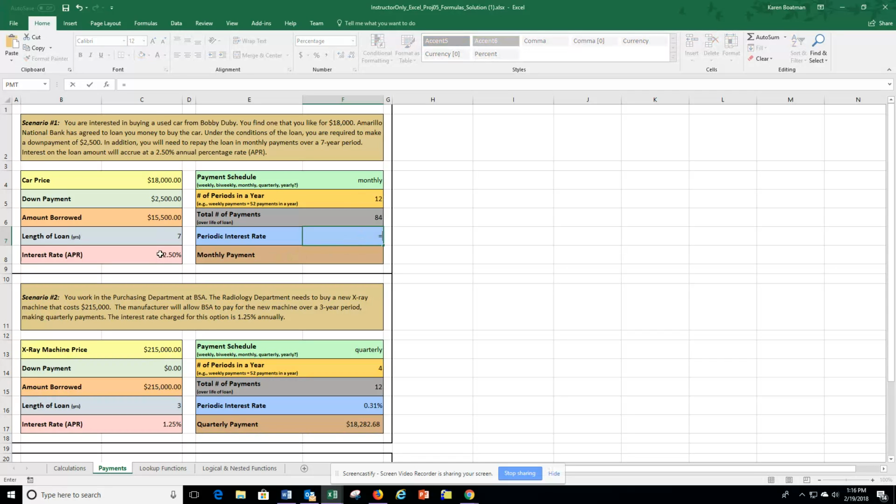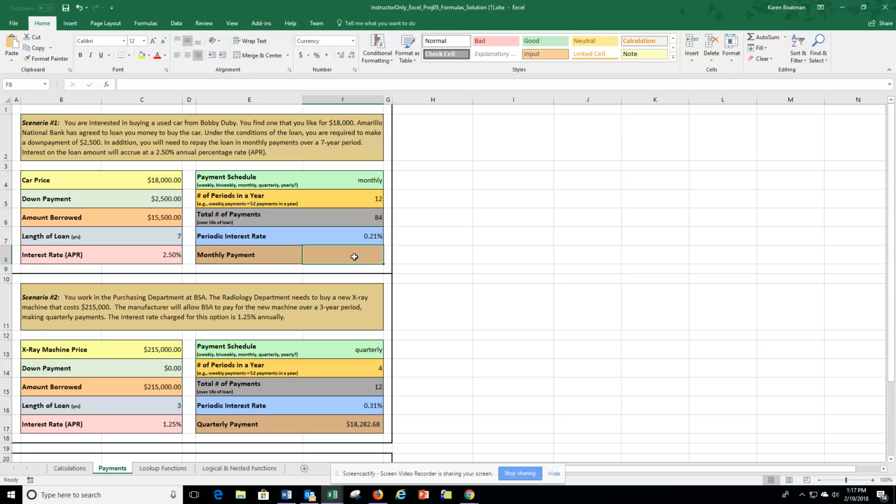We take our interest rate and we divide it by our number of periods in a year, and we hit enter. So this is actually our periodic interest rate, because you don't get charged interest just on a yearly basis. I mean, you can on certain loans. It just depends on what type of loan that you have. But we know that we have an annual percentage rate and it is based on the number of periods in a year, and we know that we have 12.